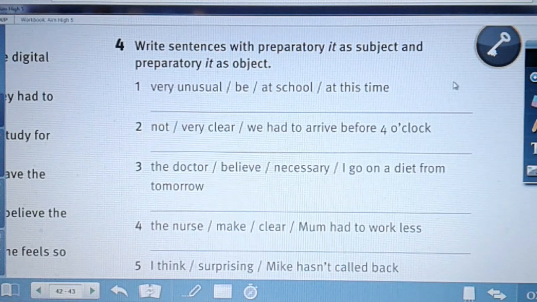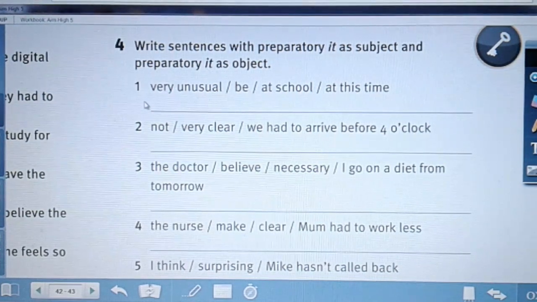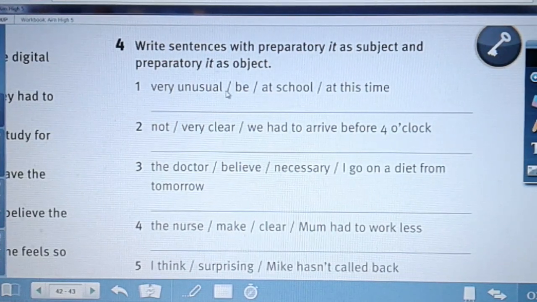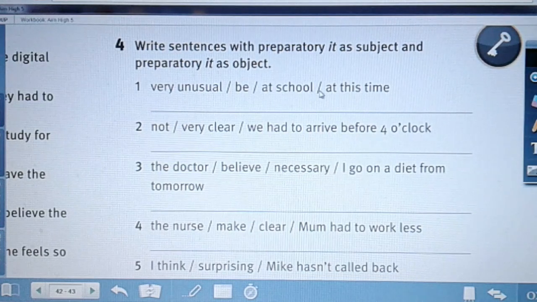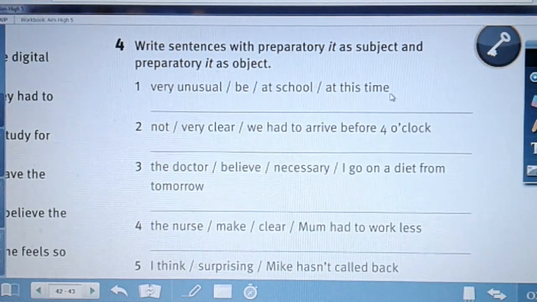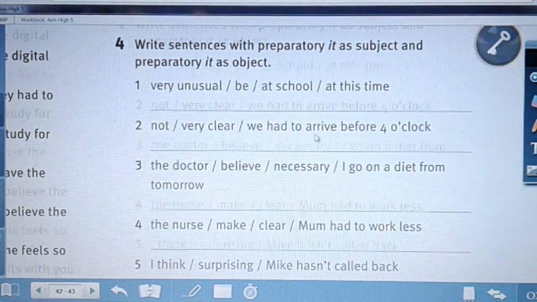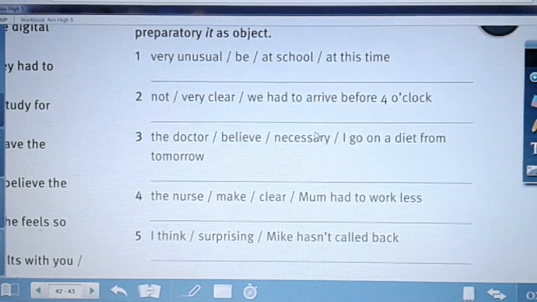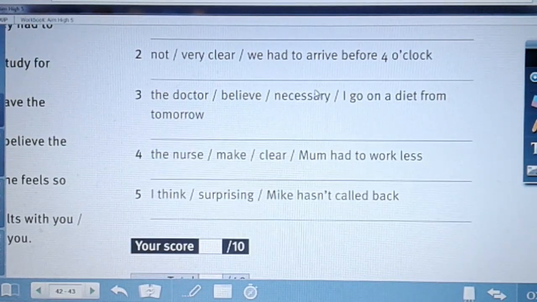For this sentence, we shall use preparatory it as subject. So the answer for number 1 is, it's very unusual to be at school at this time. Okay, so write down the answer here on this blank space. Okay, so now try to answer number 2 till number 5.